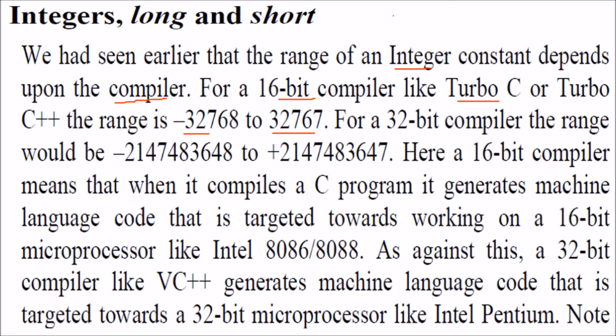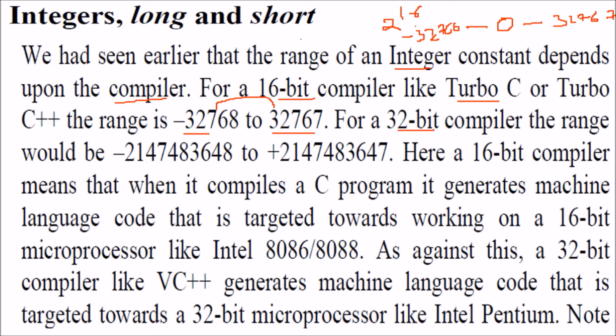So if you take 2 to the power 16 to be exact, you get, if you combine these two, you get this number. Since if this is a number line, then you take 32767. Here this side you have minus 32768. So this is the range.